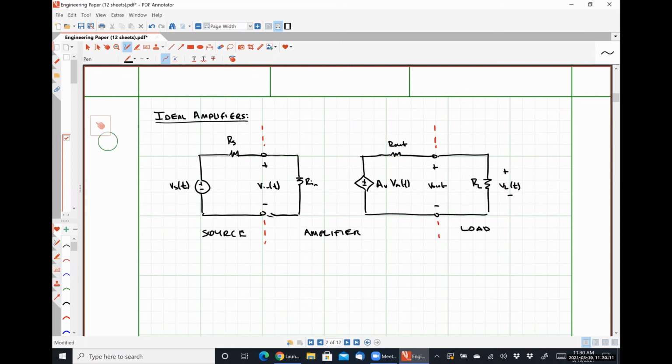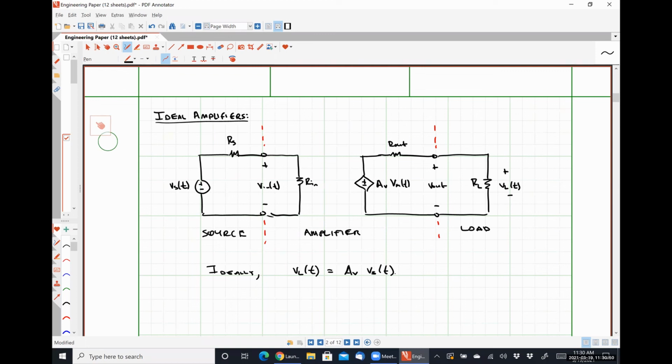In an ideal case, we would see that our output signal, VL of t, is just a scaled version of our input signal, Vs of t. So ideally, VL of t is some voltage gain AV multiplied by our source voltage Vs of t.